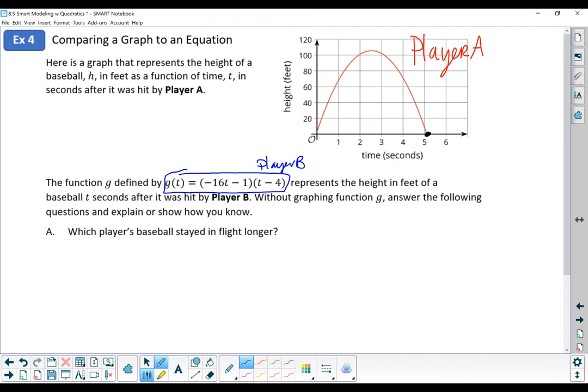For player A, we are just going to estimate that from the graph. We don't have the equation, so the only thing we know is this picture of the graph. For player A, it looks like it's hitting at approximately 5.1 seconds.